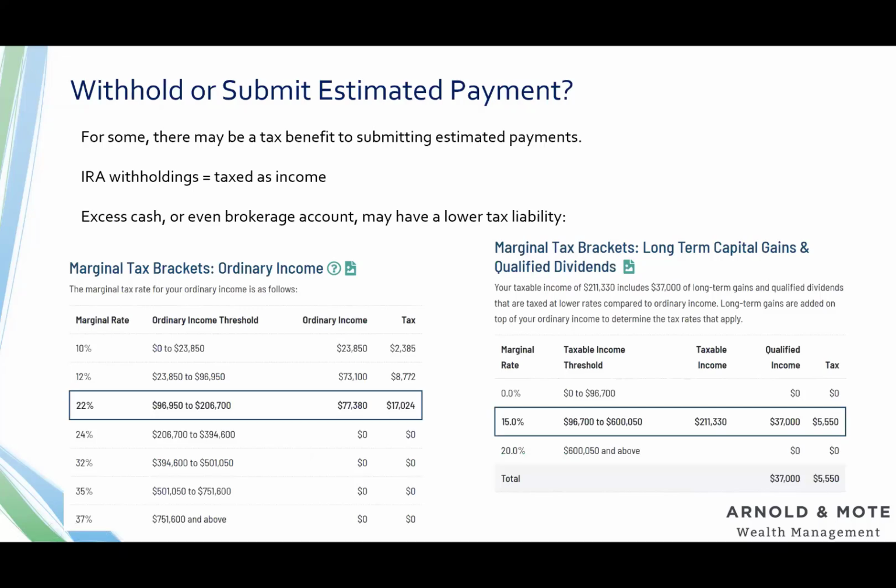And so then the final big question that we get here is, should I withhold taxes from my IRA withdrawals or maybe my W-2 income even, or should I submit estimated payments? And for some, there may be tax benefits to doing estimated payments. And so the big reason here is that IRA withdrawals get taxed as income.